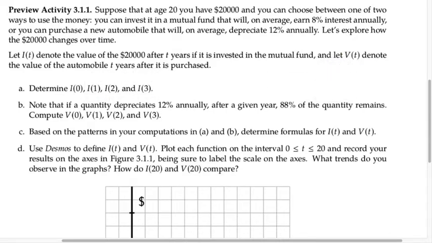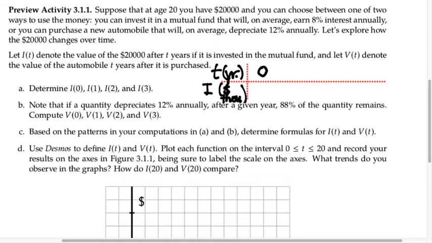The question is, in each of these two situations, the investment, which is my I of t function, and the vehicle, the value v of t, how do those values change over time? In this activity, the first thing you're asked to do is the numerical work, the data table work. Take a look at t measured in years versus I, the value of my investment, measured in thousands of dollars, just so that we have nicer numbers.